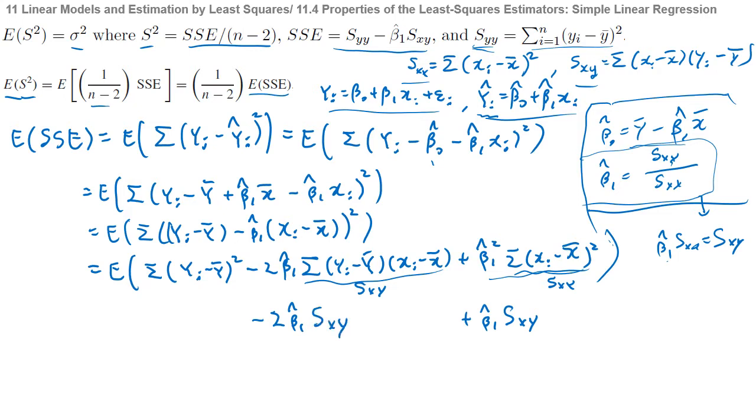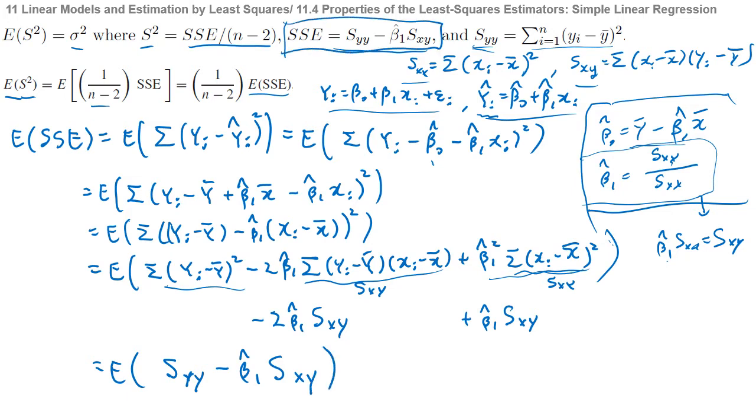So the inside becomes SYY minus beta 1 hat SXY. Here we showed that SSE can be written this way.